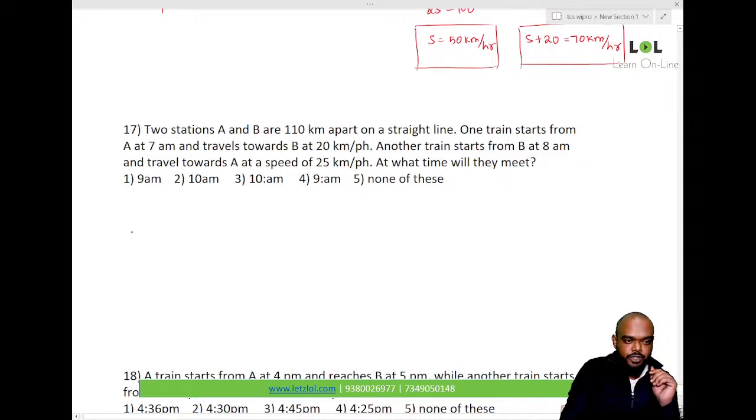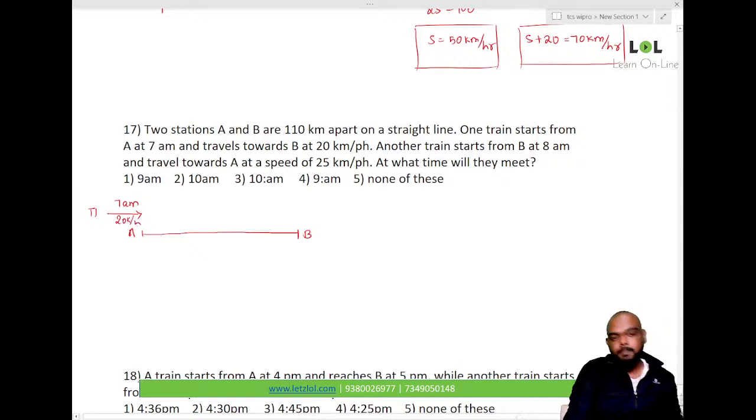So let me show you the representation. There are two stations, A and B. One train starts from A. Let us call this train 1. It starts at 7 a.m. at 20 km per hour.